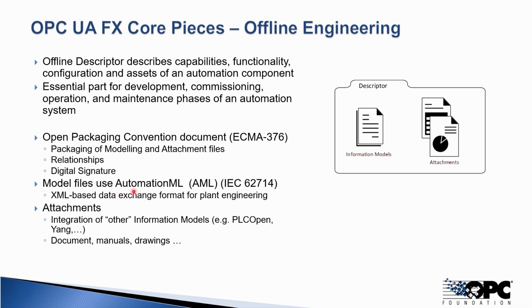Model files will be based on AutomationML, and attachments allow to integrate whatever files you have. So the Open Packaging Convention document is like a zip file. It allows to, for example, add documents, manuals, drawings, etc.